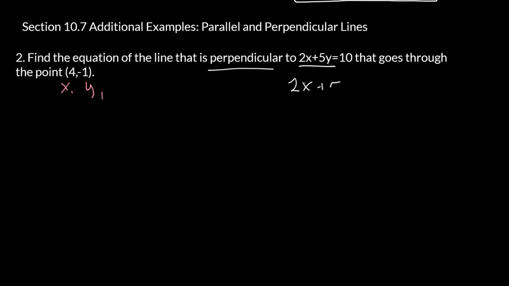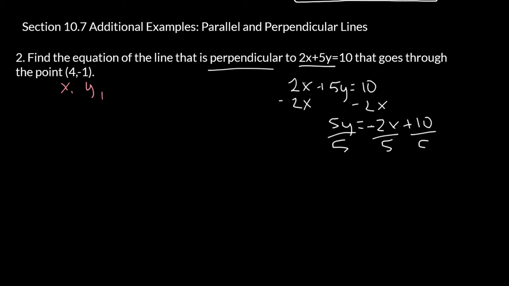To find the slope, we need to get y equals. So subtract 2x from both sides. And then divide everything by 5. That gives y equals negative 2 over 5 x plus 2.